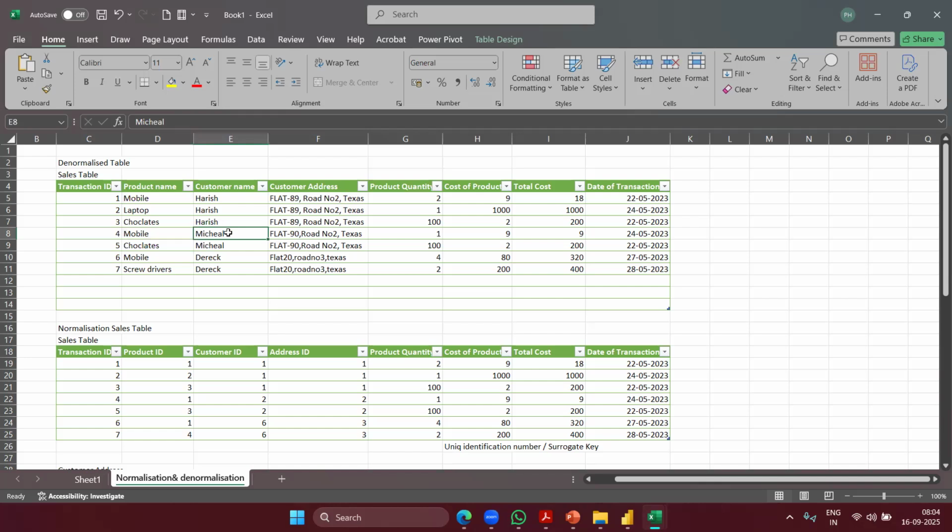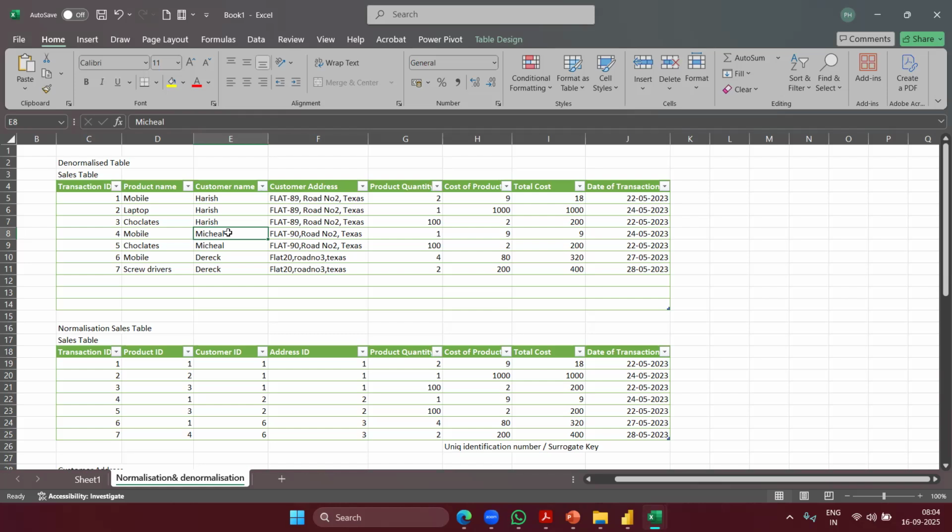And think of this particular shop, let us consider Walmart. They have multiple branches, and within a single branch, they have repeated customers visiting. If you take a grocery shop, every week we go to the grocery shop and purchase something. So every time he's collecting the same information, that means there is data redundancy.